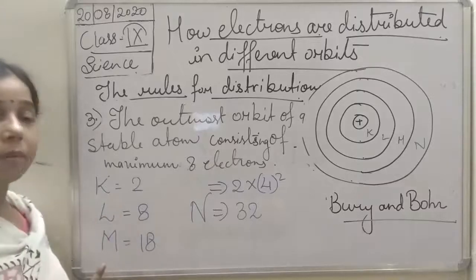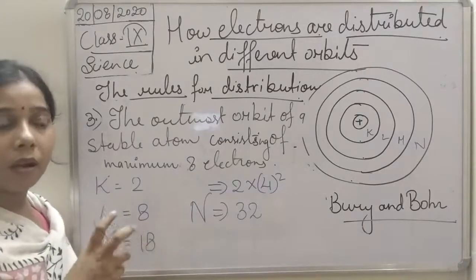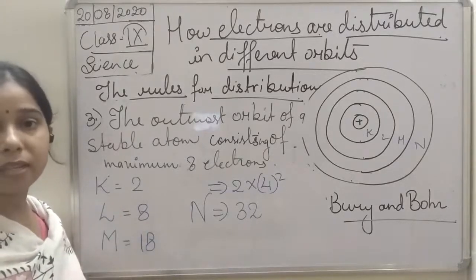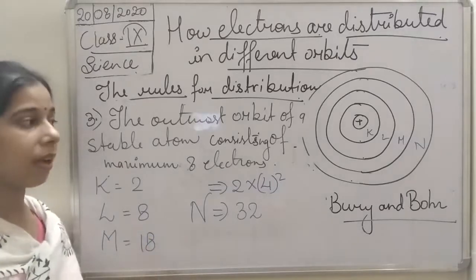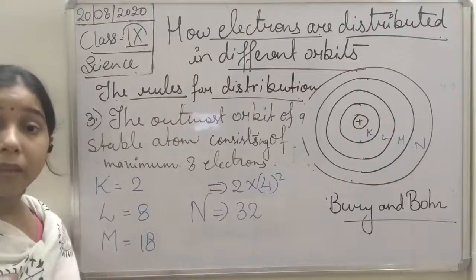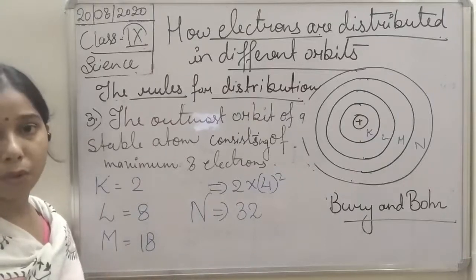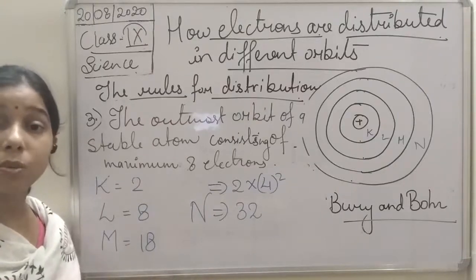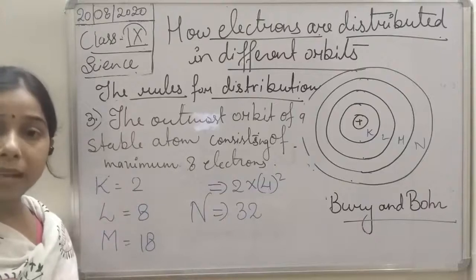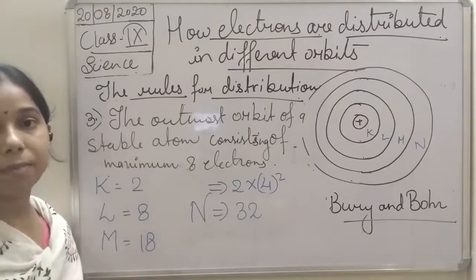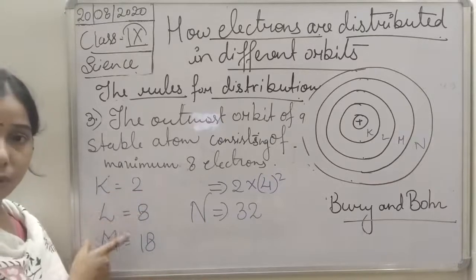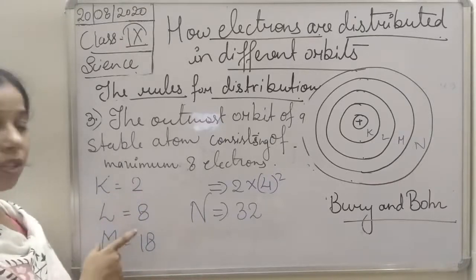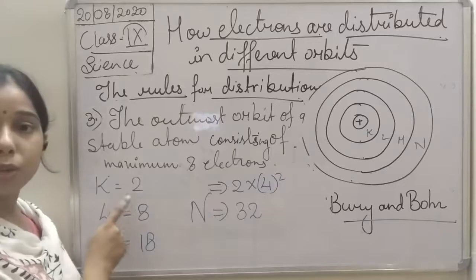Okay, the second one: the electrons accommodated by the different orbits, including the K and L orbits, follow a formula, and that is given by 2n squared. So the maximum number of electrons in the different orbits: when we use the formula, we find that the K shell can accommodate 2 electrons.